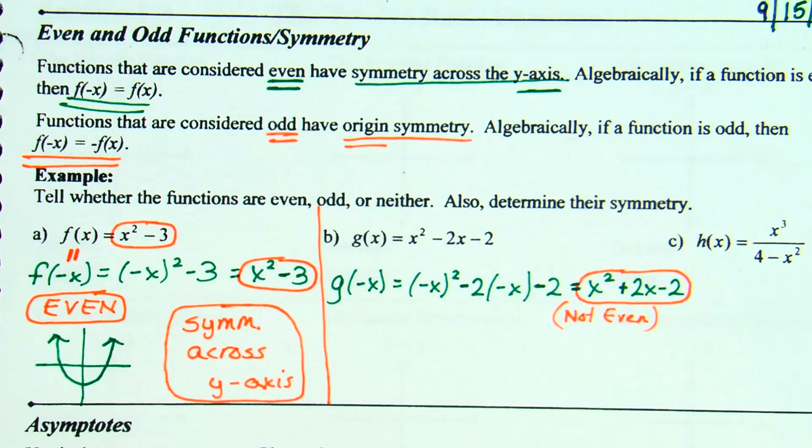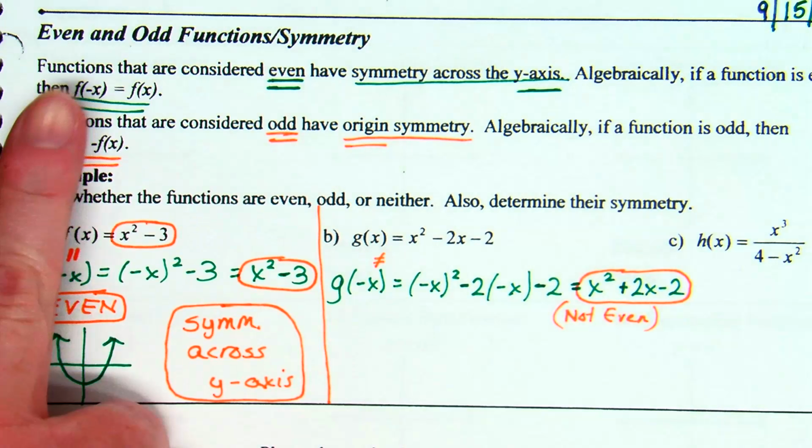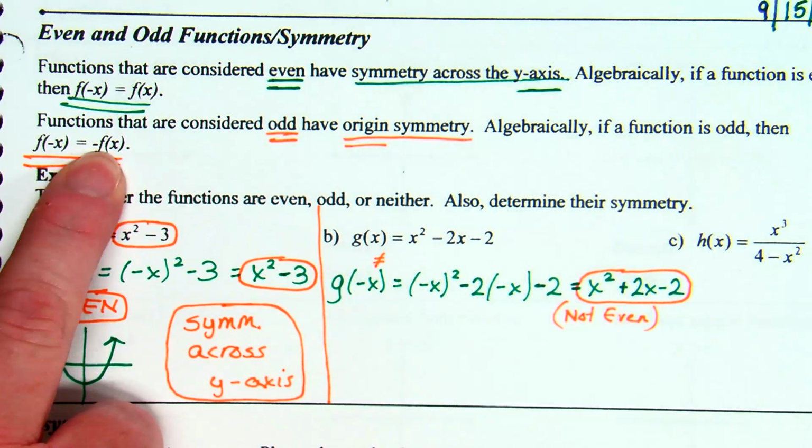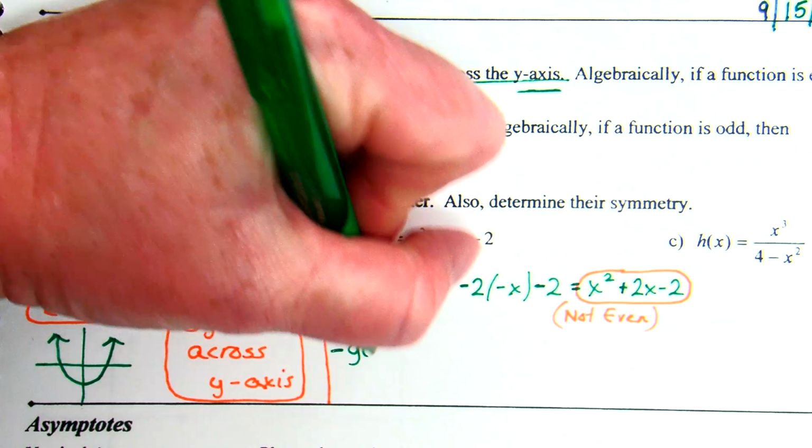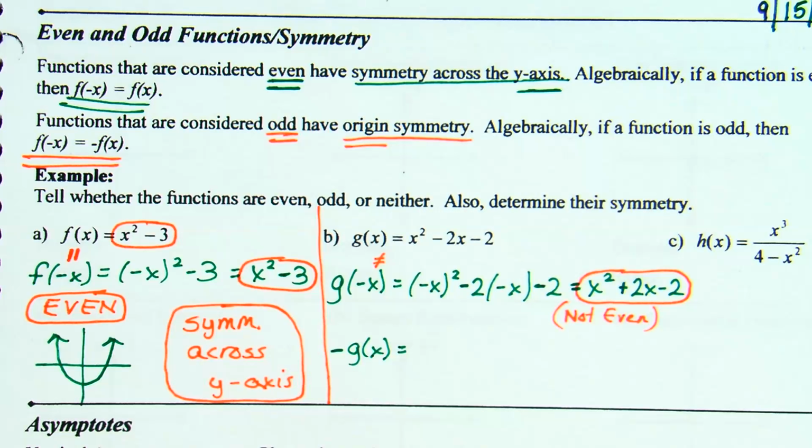Now what am I going to try and find? We already checked what g of negative x is. I also need to find what negative g of x is. Negative g of x, because that negative is out front of the function, says multiply the whole function by a negative.